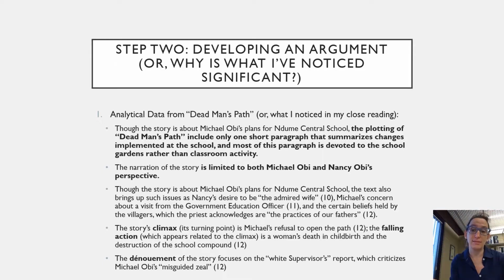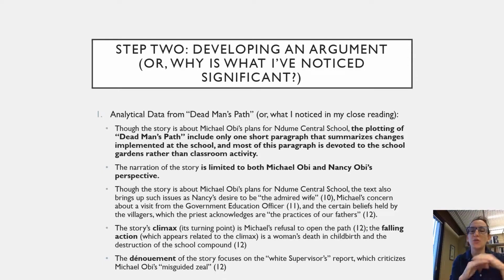But if you look at the plot, Dead Man's Path only has one little tiny paragraph, really only one sentence, that summarizes the changes implemented in the school. It doesn't even tell you what the changes are, except that there's some stuff about the gardens and how the gardens are now very beautiful. So there's absolutely no discussion of classroom activity at all. And that is odd, right? It's always a good thing to find stuff that's troubling or doesn't make a lot of sense, because you can use that as evidence of something else.